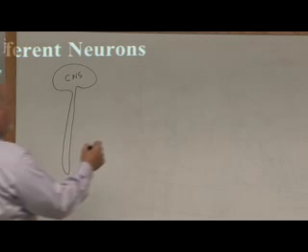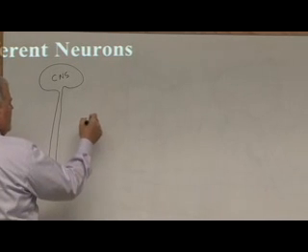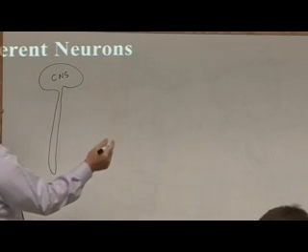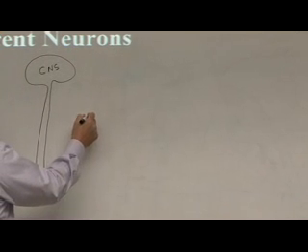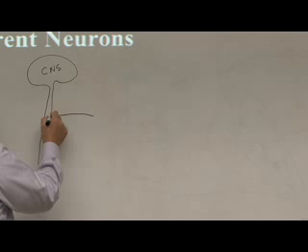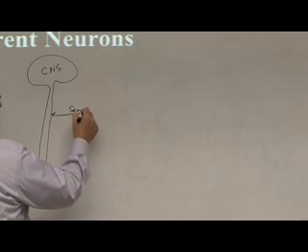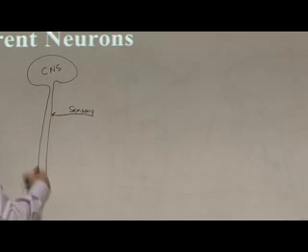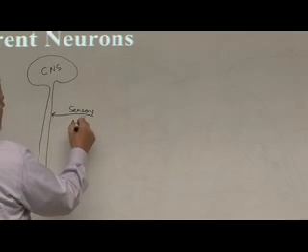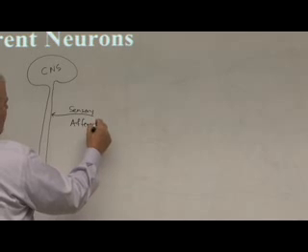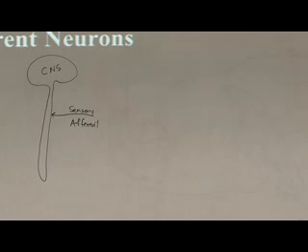We have to know what's going on internally and externally on the body surface, and that information has to be conveyed toward the central nervous system. So sensory information moves toward the central nervous system, and we say it's afferent information because it's being conveyed toward the central nervous system.